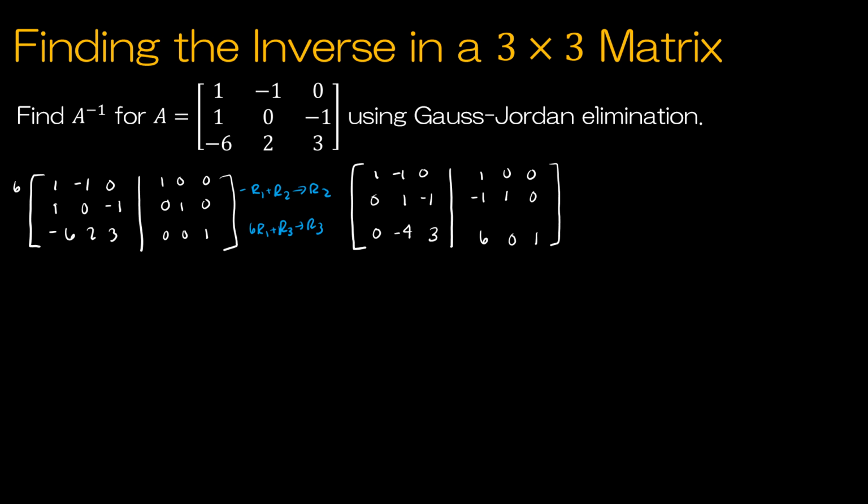Next, I'm going to get rid of this 4, so I'm going to take 4 times row 2 plus row 3 to be my new row 3. That's going to give me the same row 1, so nothing has happened here. Row 2, nothing has happened.